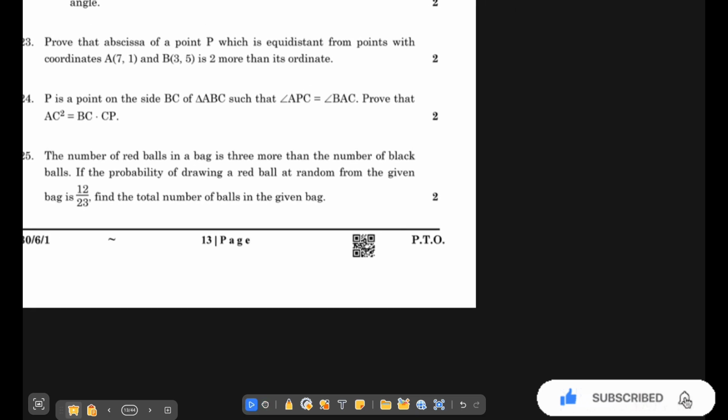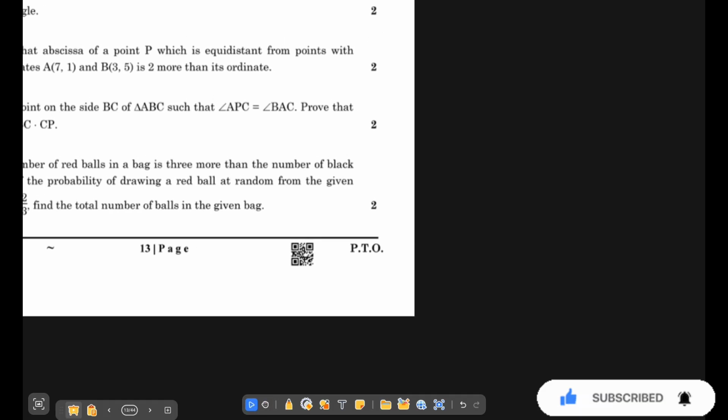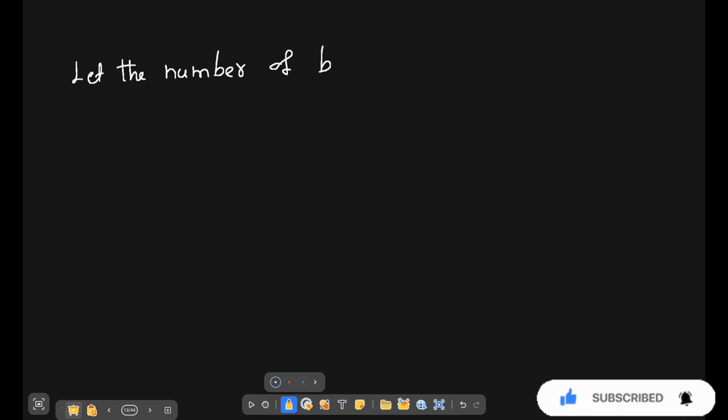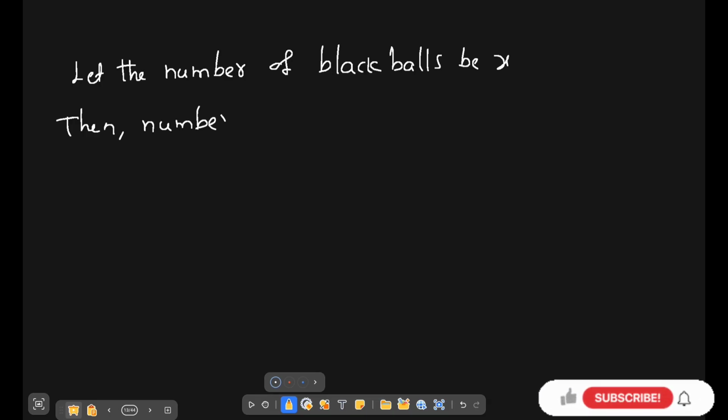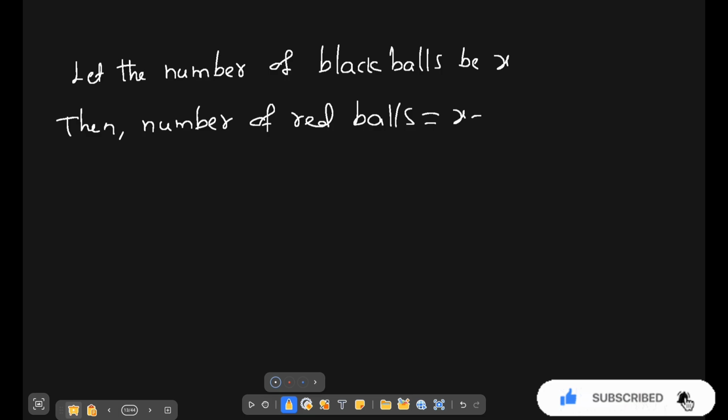So let the number of black balls be x. If the number of black balls is x, then the number of red balls will be 3 more, that means x plus 3.